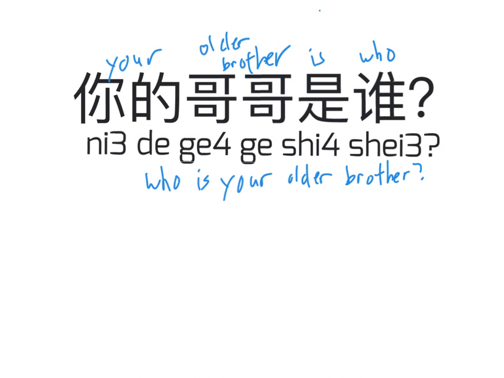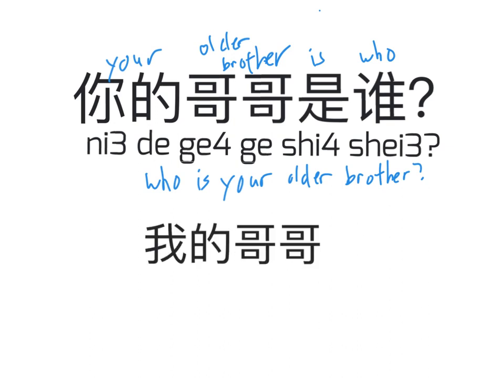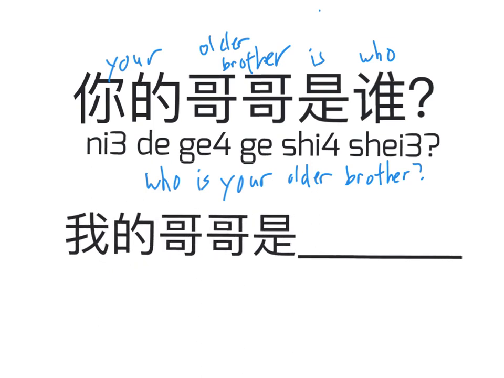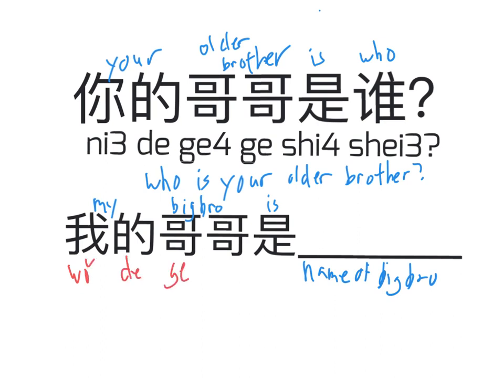Now, how do we get the answer? 我的哥哥是, using the same strategy, the same technique that we're using. So my big brother is, and then the name of your big brother. 我的哥哥是.